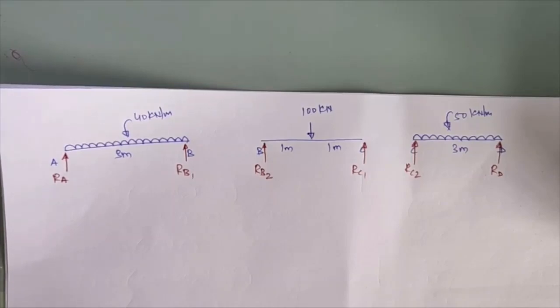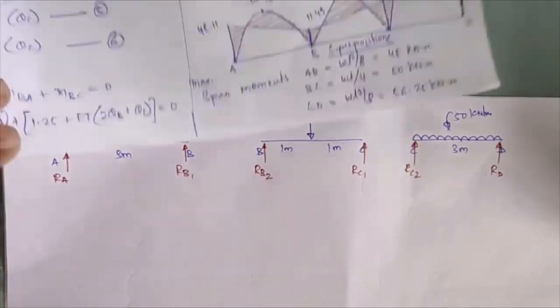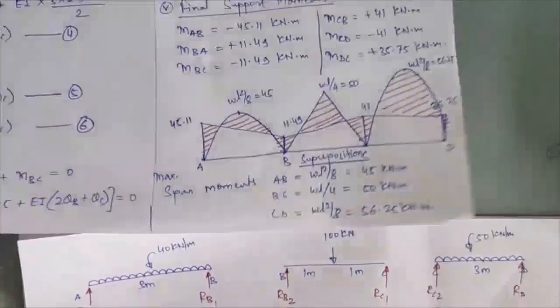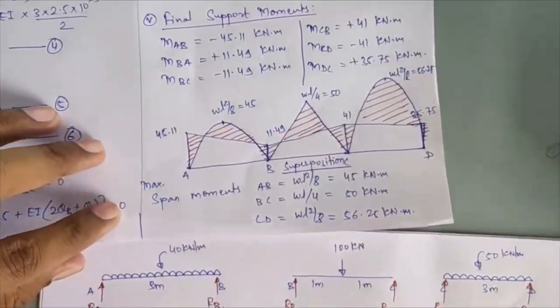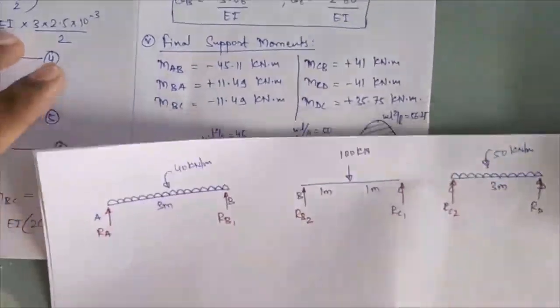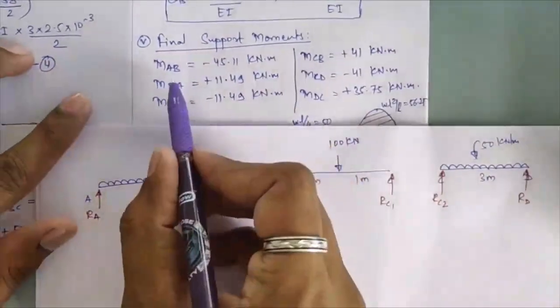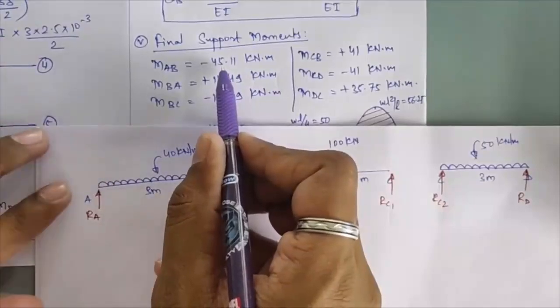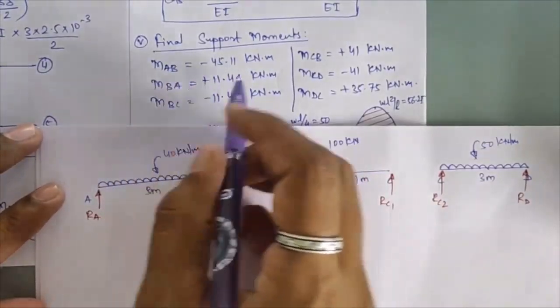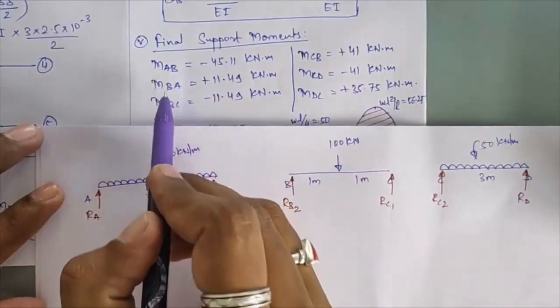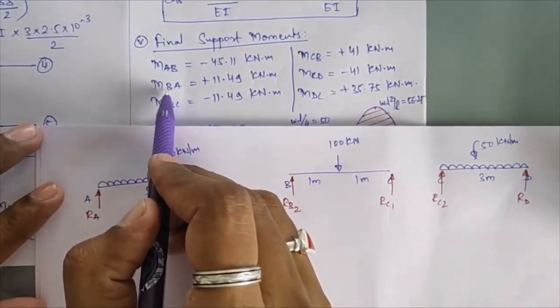Okay, now in this diagram what you have to do, you have to add your final moments over there. Okay, so final moments I have calculated over here. We'll see one by one. See, final moment, that is MAB, I am getting equal to minus 45.11. This is your support moment, so this will be at support A, this will be at support B over there. Likewise.